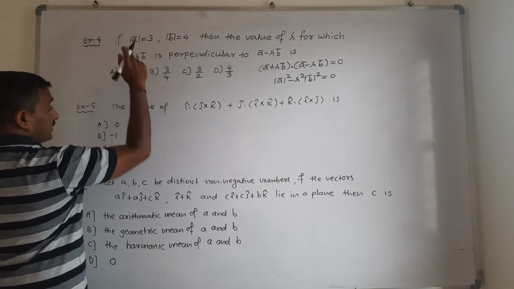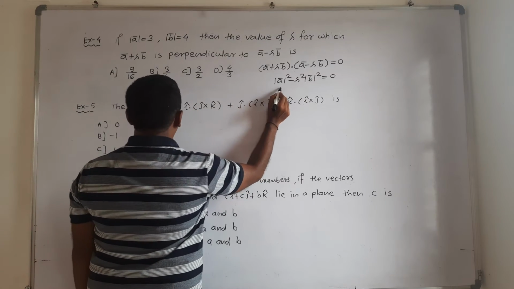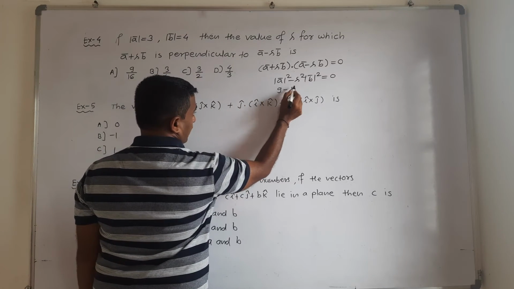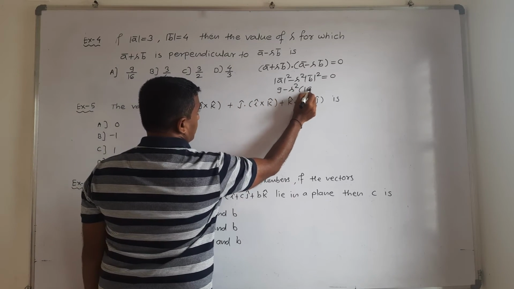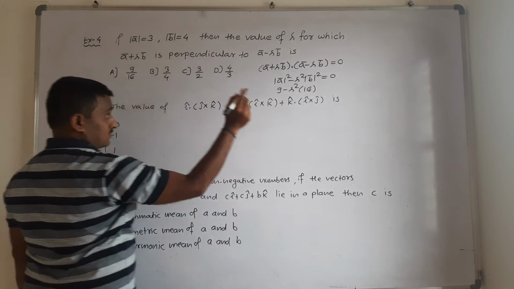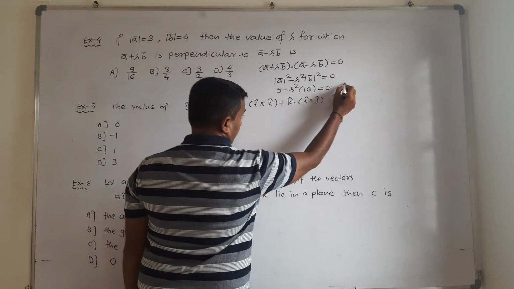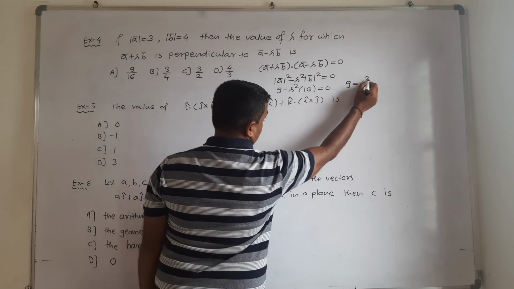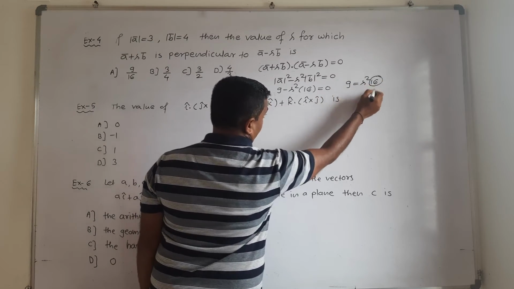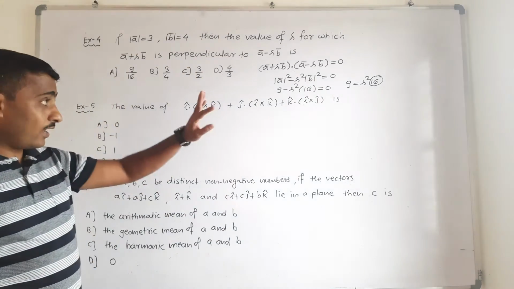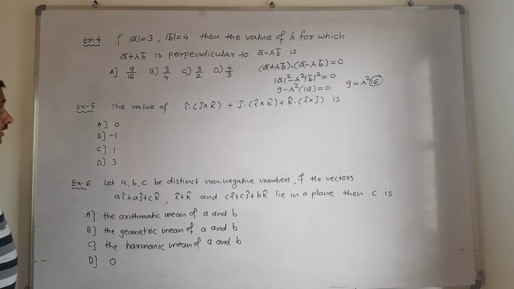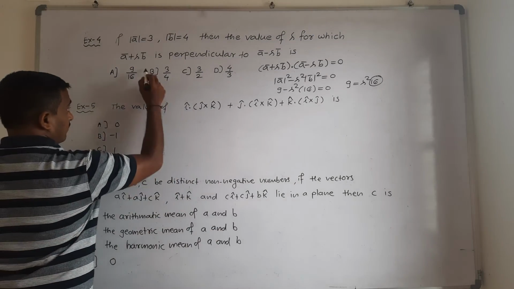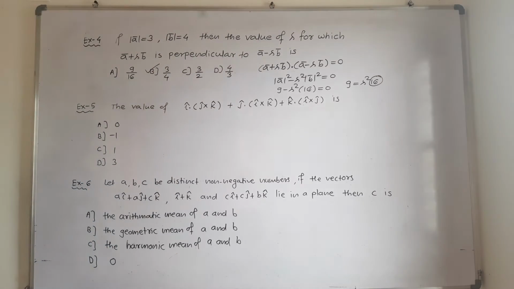Modulus A bar is given, it is 3, 3 square is 9, minus lambda square into modulus B bar square, 4 square is 16, equals 0. Therefore, transferring, 9 is equal to lambda square into 16. Dividing, 9 by 16, square root, 3 by 4. That is B option, 3 by 4.